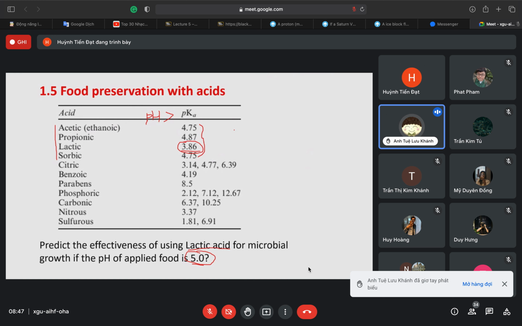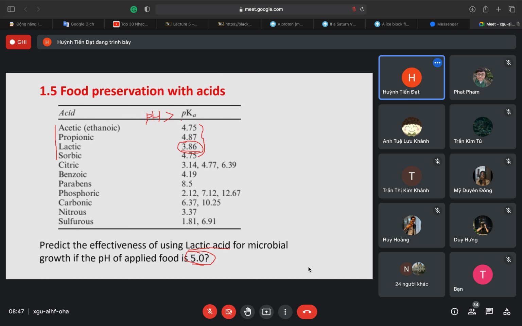What if we use an acid that has 2 or 3 different pKa values? You mean 2 or 3 units different in the pH value? I mean if we use citric acid, it has 3 pKa values.